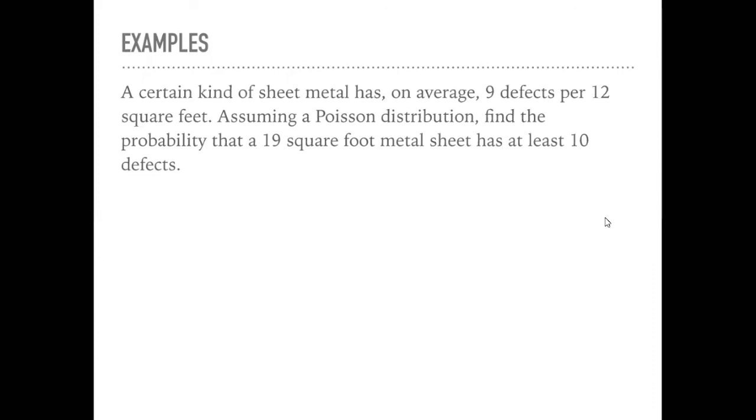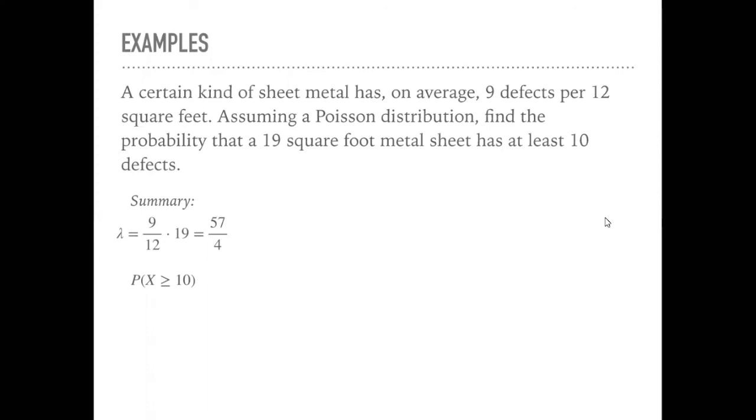If we're expecting to see 9 defects per 12 square feet, and then we're looking at a 19 square foot thing, we'd be doing 9 divided by 12, giving us the number of defects per square foot, and then taking that times 19. So we'd expect to see about 57 divided by 4 defects in a 19 square foot metal sheet.